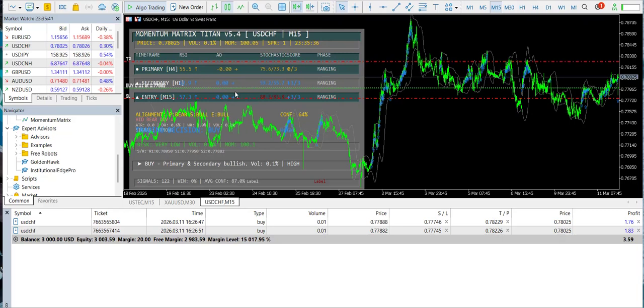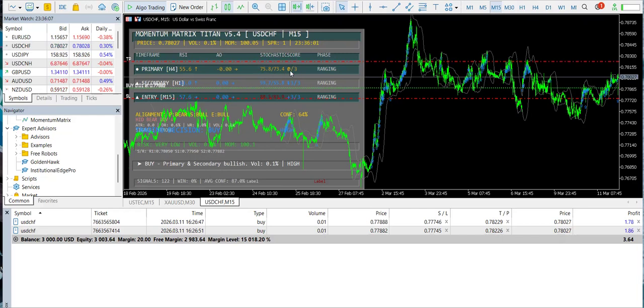So how are you supposed to know when to take the trade or when not? They are supposed to be in alignment. And after that, the stochastic score also has to be at least 75, like 75.7 or 73.4.